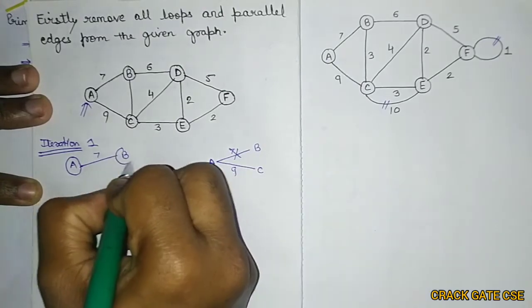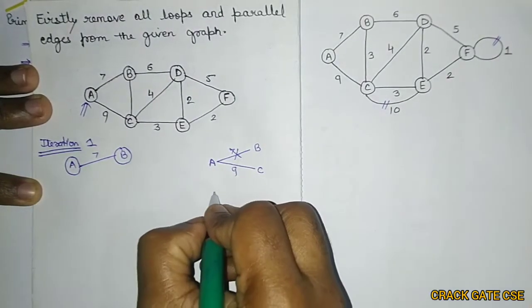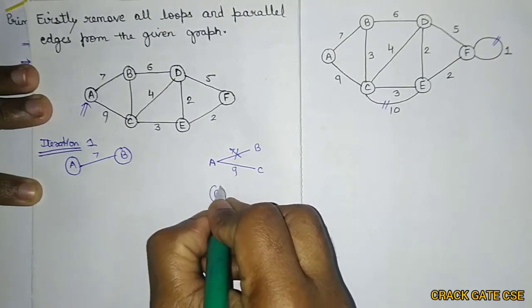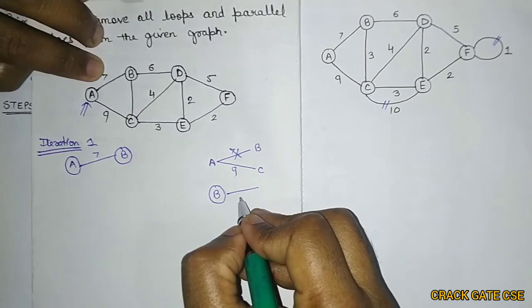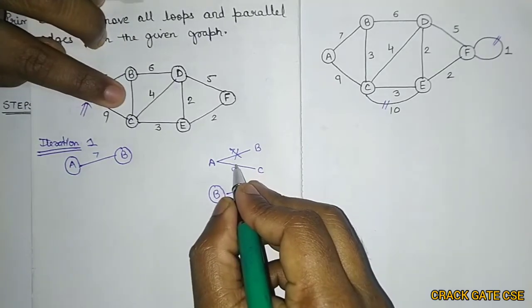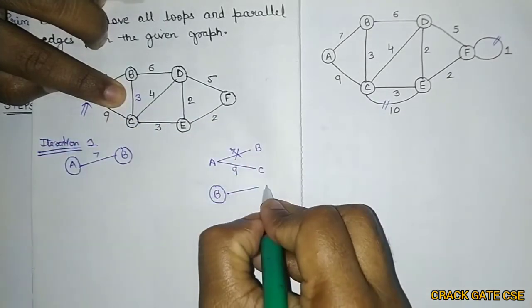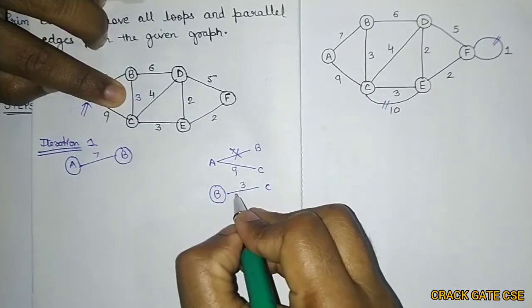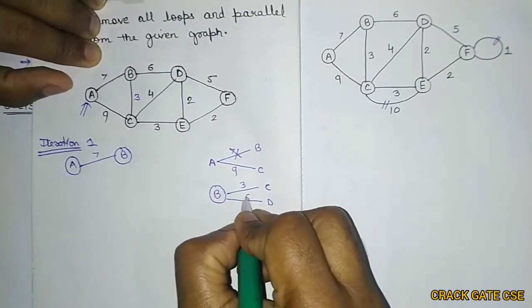Now we got a new vertex B. That means for the second iteration we have to find out the adjacent edges of B also. What are the adjacent edges? 7, which is already covered here. B to C with edge weight 3, B to D with edge weight 6.